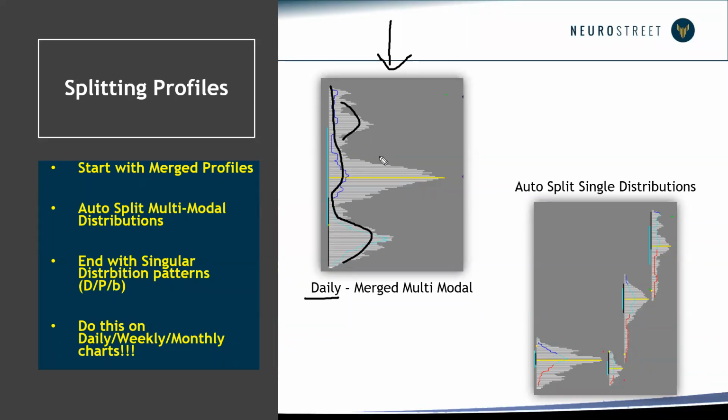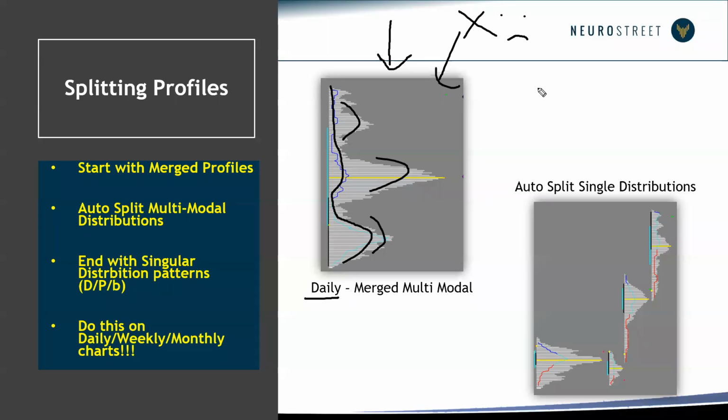You've always got several points of control. And the issue with that is that it's not balanced. So that's no good, not happy for me. I would not trust trading levels from an unbalanced profile, okay?